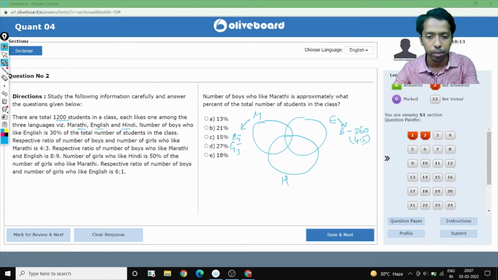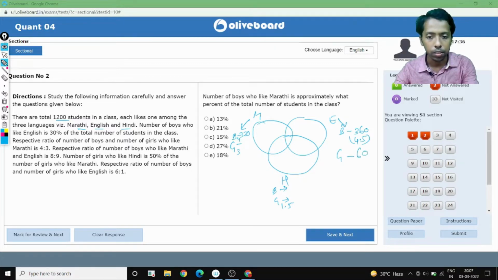If this is 9, then this is 40, this is 320, right? 80, 80, right? Rest, number of girls who like Hindi is 50% of the number of girls who like Marathi. Okay, so here this is boys, this is girls, 50%, that means 1.5. Now respective ratio of the number of boys and girls who like English is 6:1.